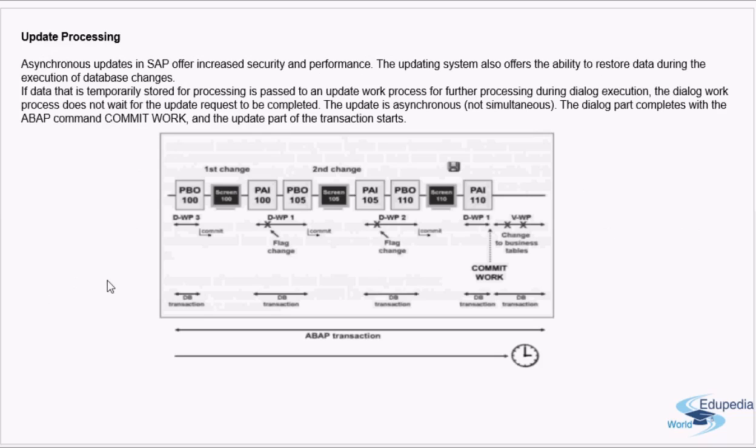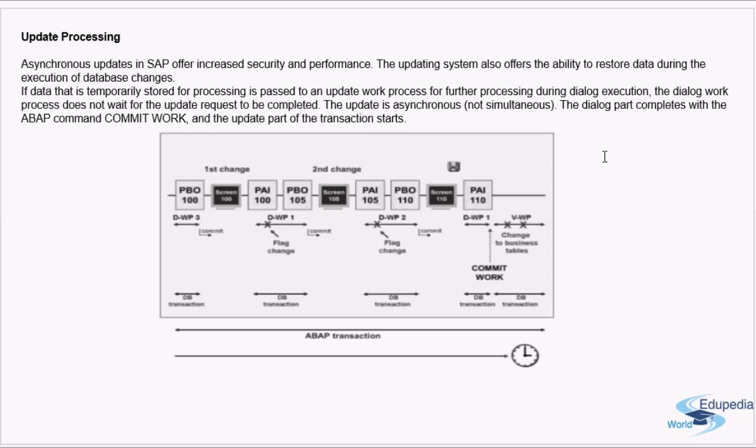So the enqueue work process takes care of log management. Now the third type of work process is the update work process, which handles update processing in SAP. Asynchronous updates in SAP offer increased security and performance. The update system also offers the ability to restore data during the execution of database changes.